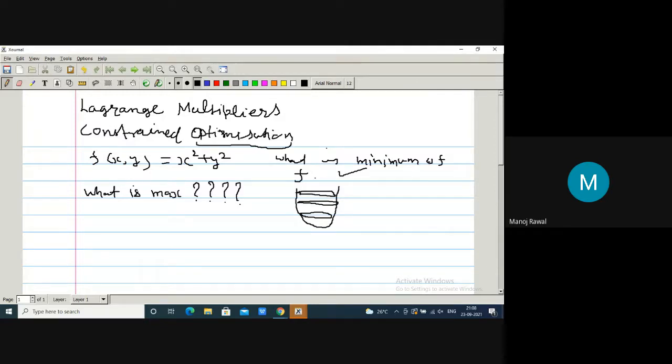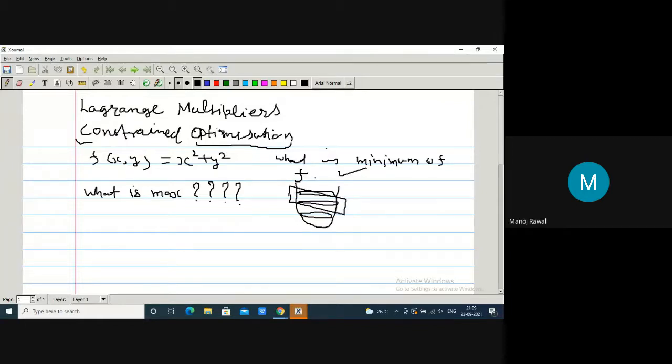But in this chapter, we will put some condition. That condition is known as a constraint. When we apply a further condition, that is known as a constraint. So maybe I will say that this surface f(x,y) = x² + y² is intersected by some plane. Then can you find maxima now? Yes, we can find maxima.